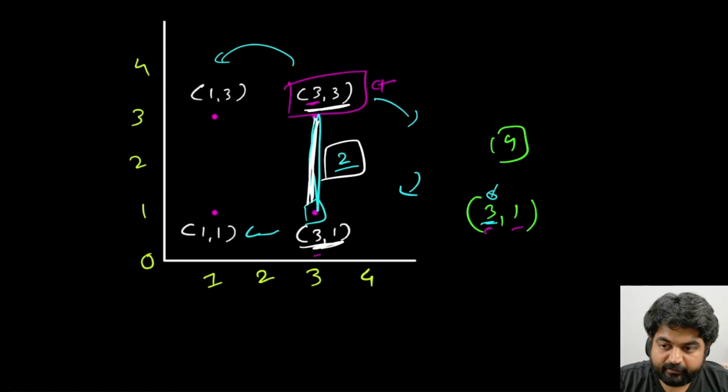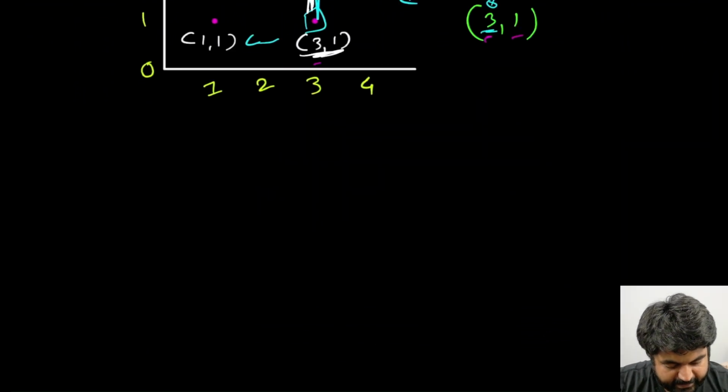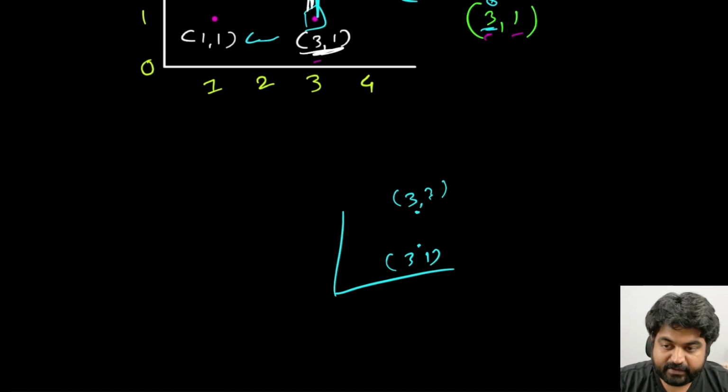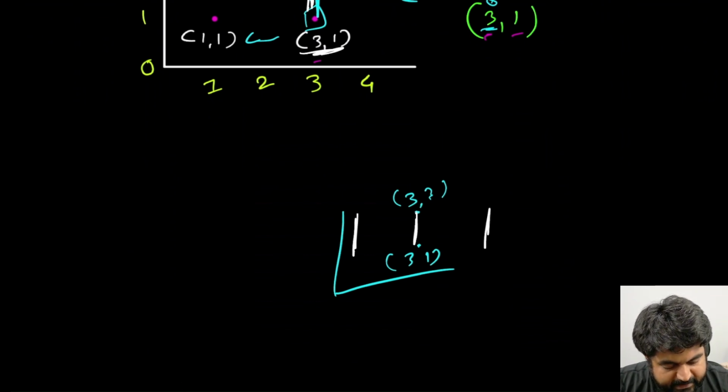And we know for a fact that if, let's say, on an empty graph we only have the values 3 3 and 3 1, and we are told that this is one side of your square, then the other side of the square has to live somewhere over here or over here, where the distance has to be 2 in either case. And let me explain what I mean, because we can only generate a square like this, or we can generate a square like this, because this is a common edge.